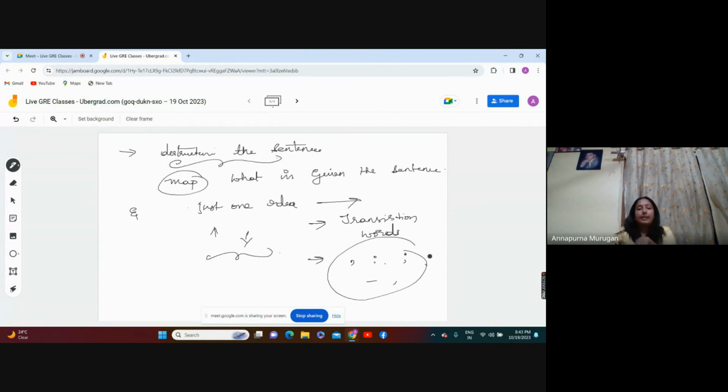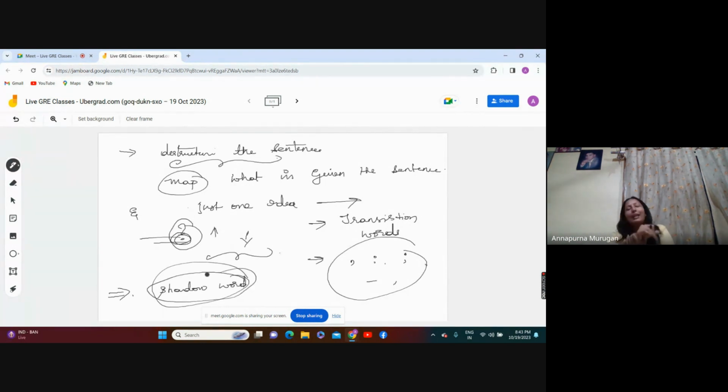Once you understand it, please take up a shadow word. Shadow word in the sense what? When we read any sentence, we'll come to know what word we need there. What is the filling that we require there? When you guess that filling, you will have that guess word. Now, that guess word only is the shadow word. Now you got the gist of the question.